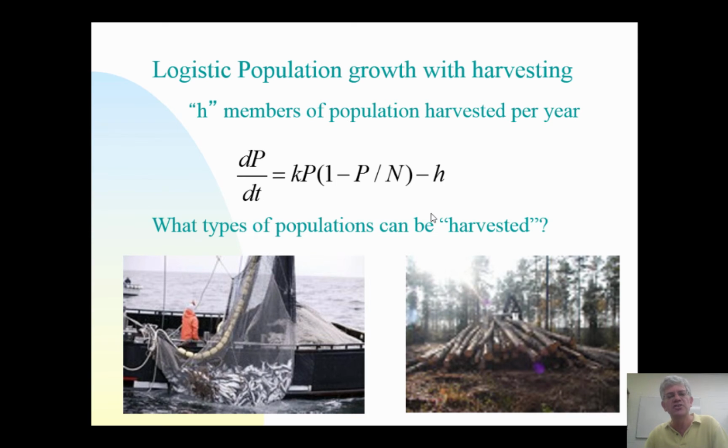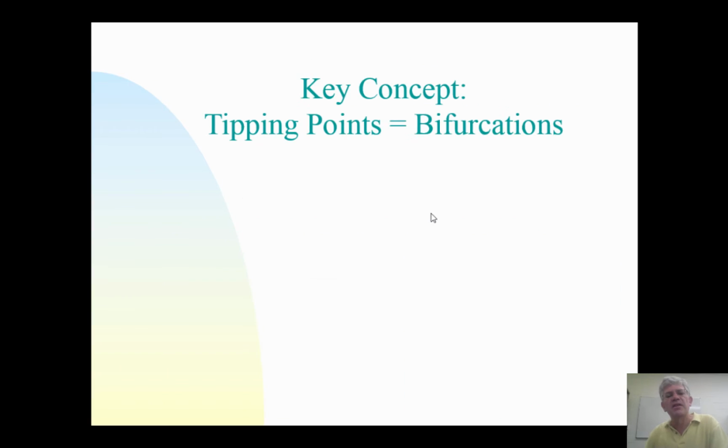And as we change the harvesting level past these critical values, the behavior of the population changes dramatically. This notion of a tipping point, or mathematically we call it a bifurcation, is a very important concept that has really crucial applications in our 21st century world.